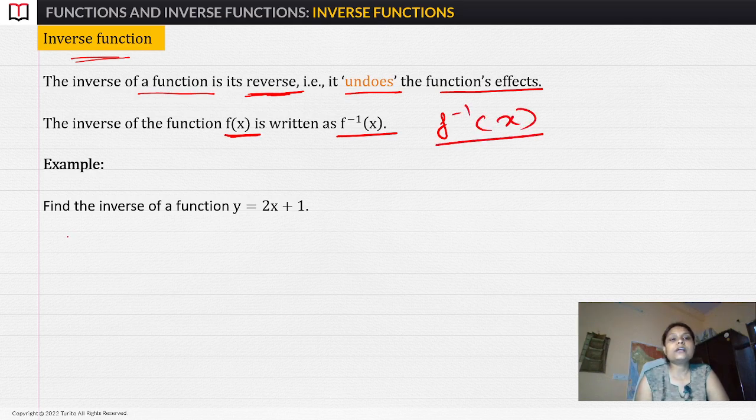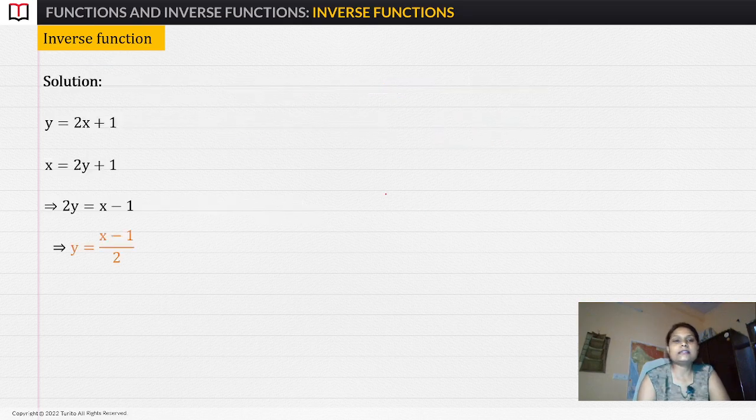For example, if we have a function y is equal to 2x plus 1, okay, this is the function given to us. Now suppose we have to find its inverse, then how are we going to find it? Means the reverse of this one. So it's easy. We have to just equate all the values to the x. The function was given in the form of y is equal to 2x plus 1.